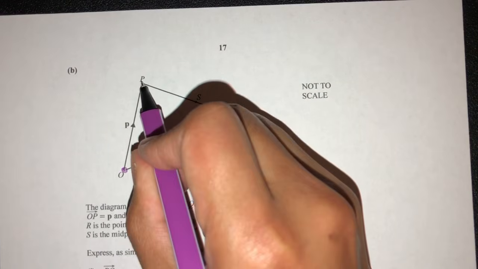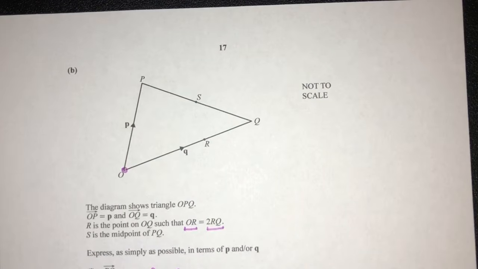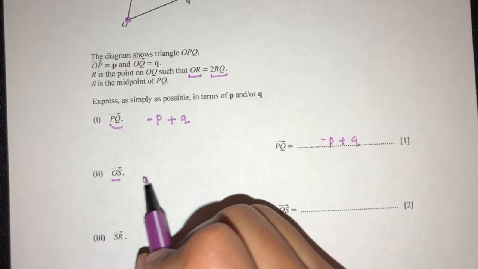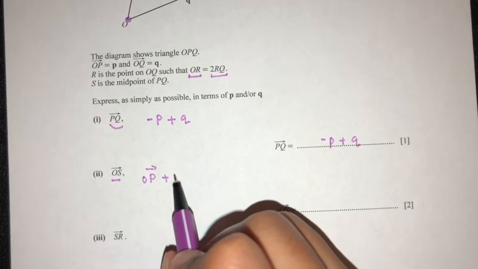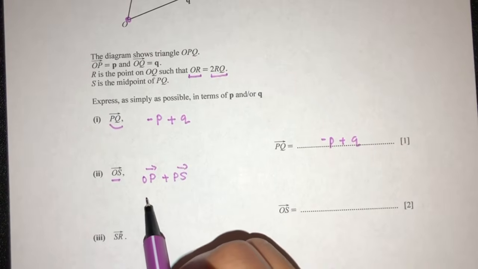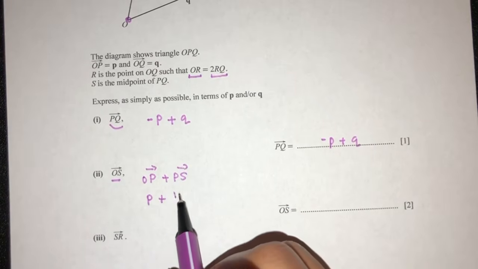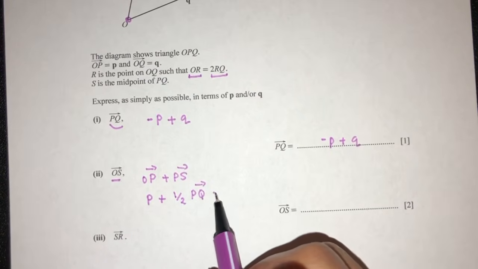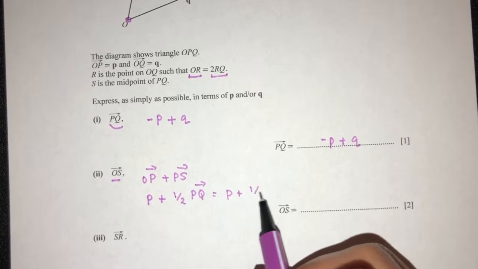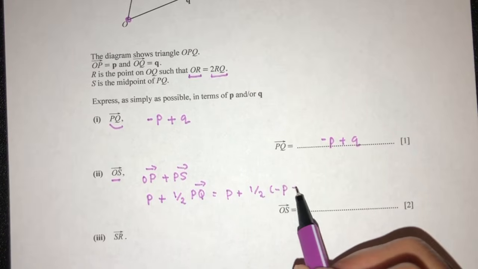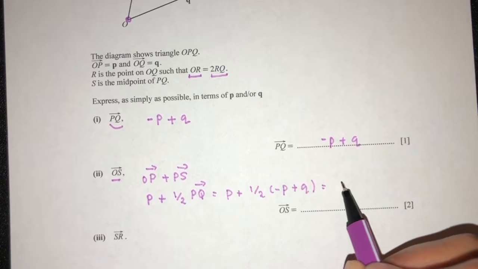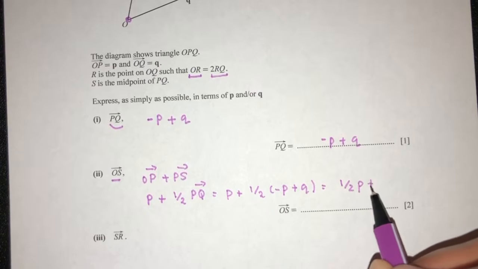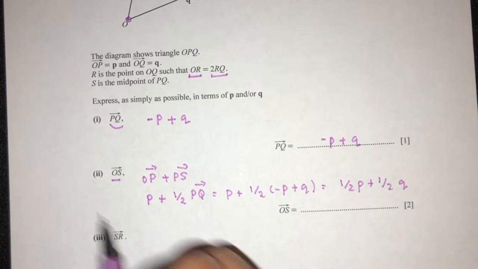We can go O to P, and then P to S. OP will be P, and P to S will be half of PQ, because S is the midpoint. That will be half of (minus P plus Q). That will be minus half P plus half Q. That will be part 2.